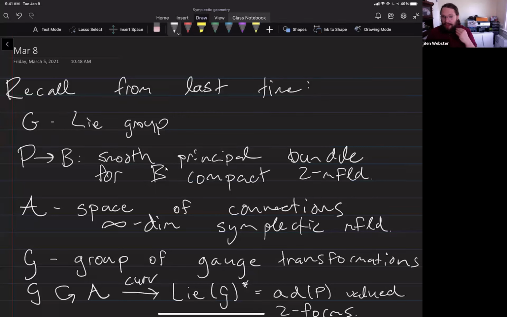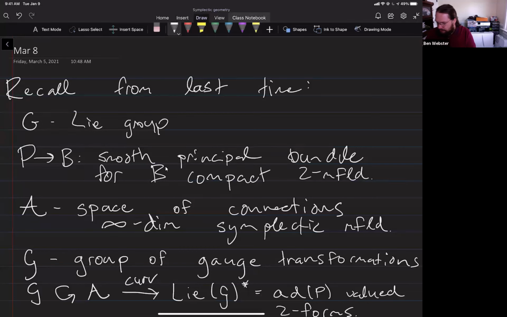So we have a Lie group, G, and we're interested in a smooth principal bundle over a compact two manifold. Again, I say two manifold because some people would call this a Riemann surface, some people would call it an algebraic curve, but I'm not using any kind of complex structure, it's just a two manifold.